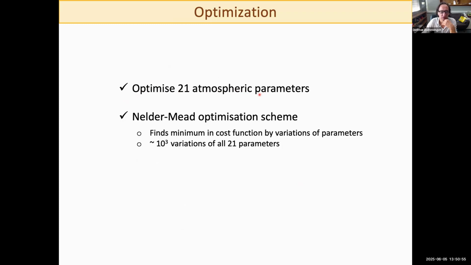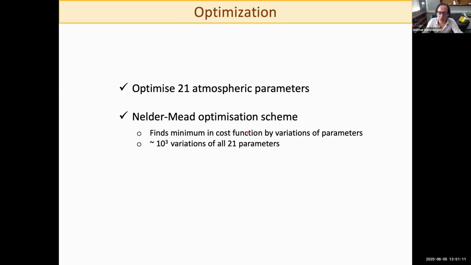So now the optimization. We have tried to optimize 21 atmospheric parameters. The optimization scheme that we use is the so-called Nelder-Mead optimization scheme. That is a very widely used, simple optimization scheme. By no means perfect, and I'm pretty sure that we can do much better.